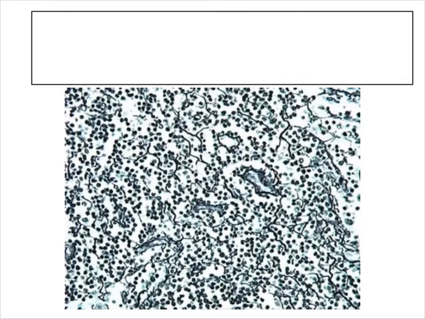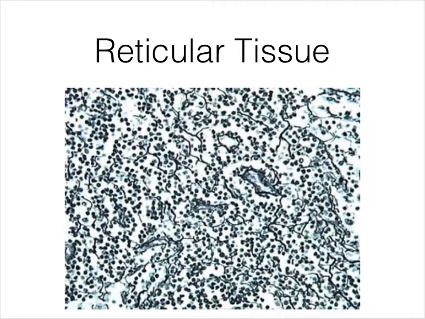Okay, so let's do the reveal. This is reticular tissue. You can tell that because the fibers in it, which you can see, are dark and thin and highly branched, not all running in parallel bundles.